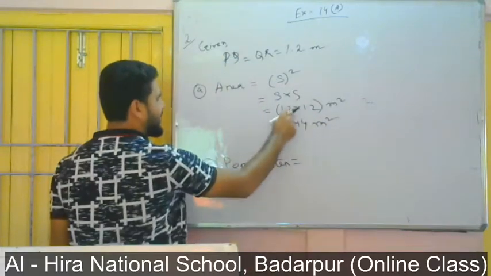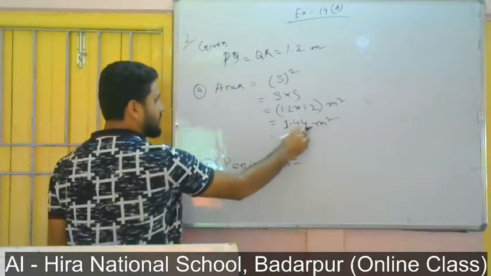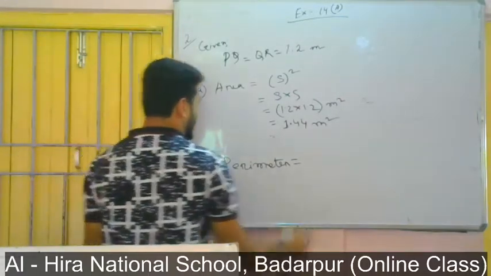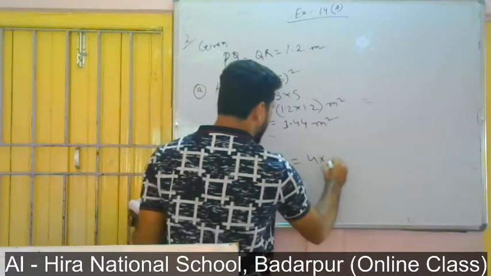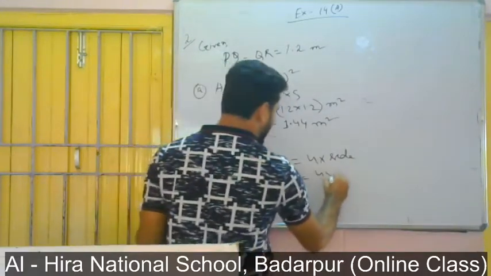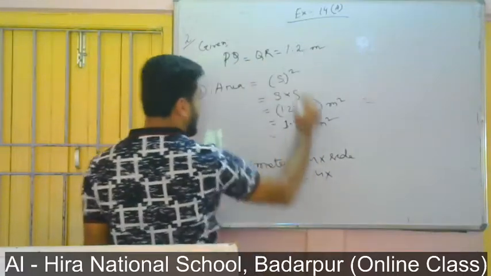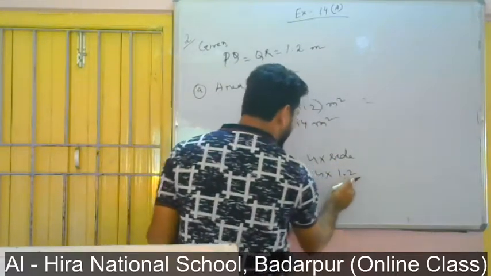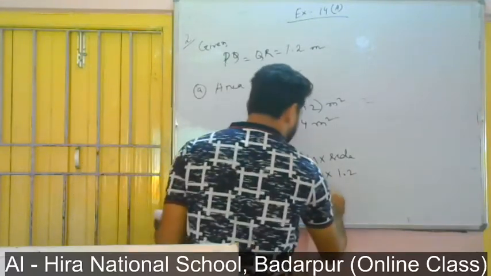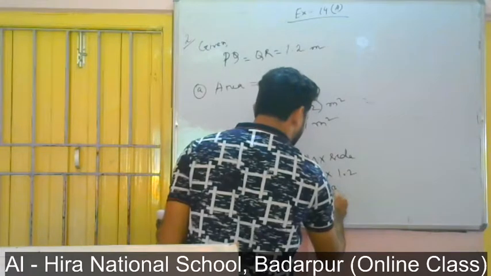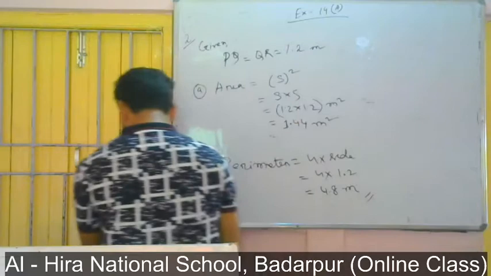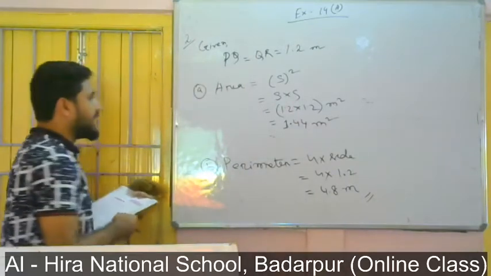Now we can find the perimeter. Perimeter is 4 into side, that means 4 into 1.2. If you multiply as a whole, 12 4s are 48, so we put the point here. So 4.8 meter. That is the answer.